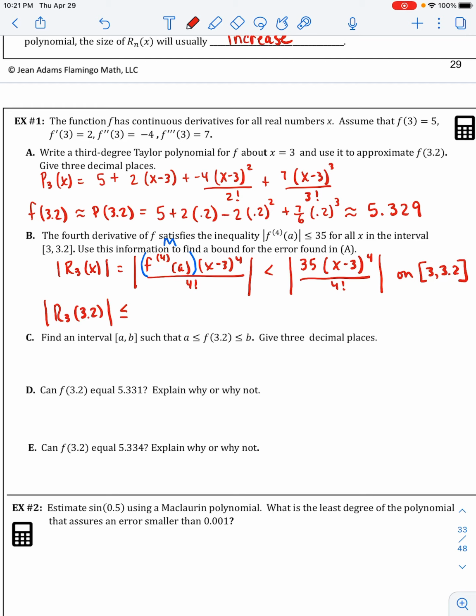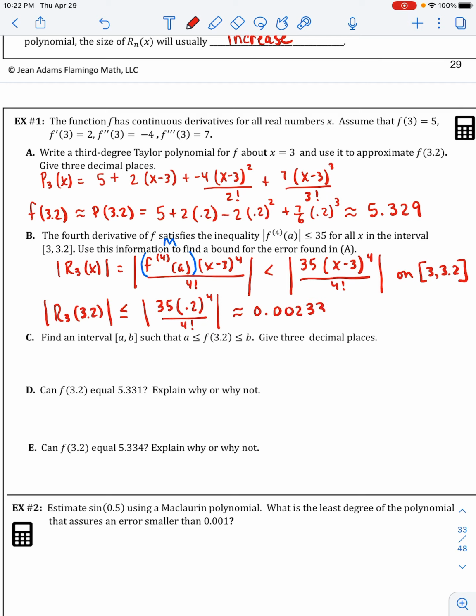And so now, if we say, okay, we want to use this to find our remainder, which would be our error, when we're using our Taylor polynomial to calculate 3.2, it's going to be less than or equal to 35 times, and when I put my 3.2 in, I get 3.2 minus 3 is 0.2 to the fourth power over 4 factorial.